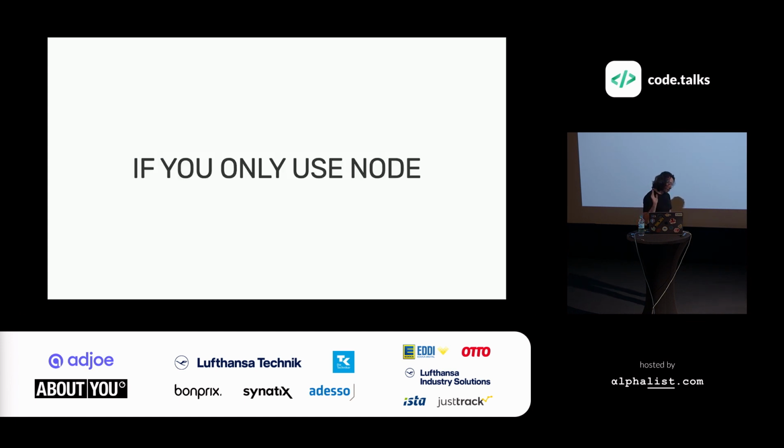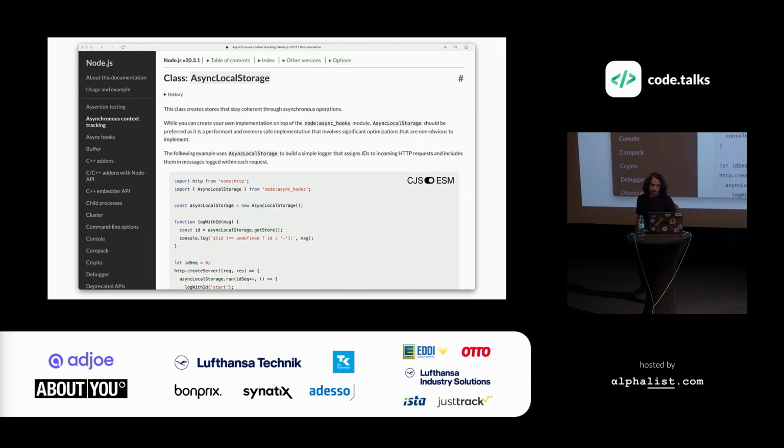But there's actually a bit more. If you only use Node, this is already implemented for you. Inside of Node, a few years back, they added async hooks and also async local storage that does the same thing, only with async function support. We can also support async functions, but we need to hack around it. In Node, because they control the environment, they do it natively.